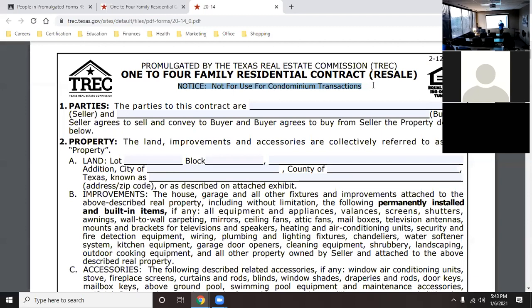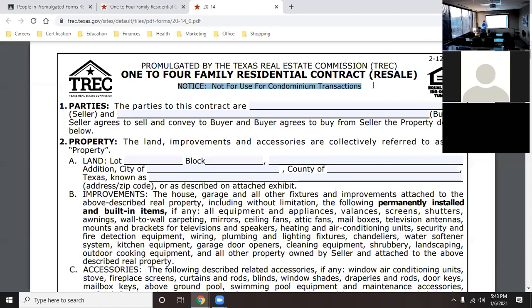I can tell you for a fact that when I drafted mine, I wasted about an hour to an hour and a half trying to figure out how to fill this form out. By the time I was finished, guess what? I had wasted that time because it was a condominium my client was purchasing, and this says right at the top, not for use of condominium transactions. So you have to make certain that you're utilizing the right forms.